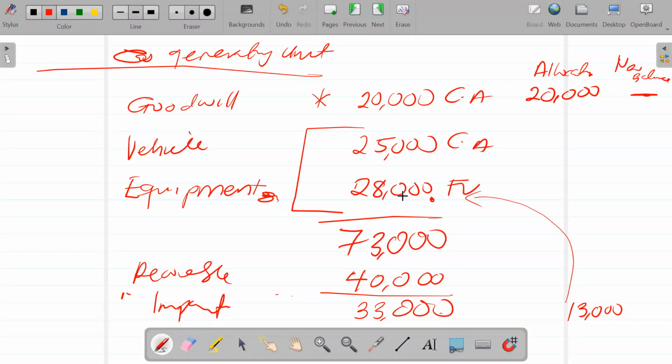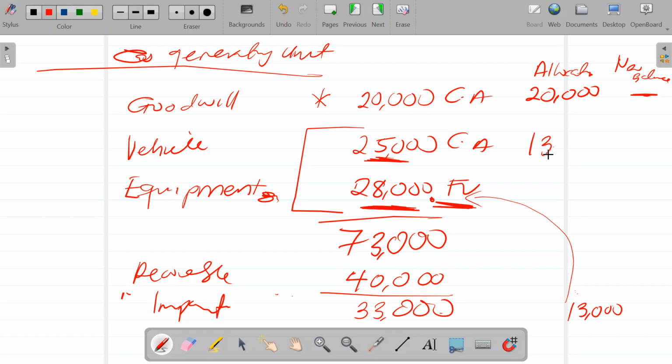Do you get it? So the equipment has a fair value of 28,000. It means we cannot go below 28,000. So the rest of the impairment loss has to be allocated to the motor vehicle.